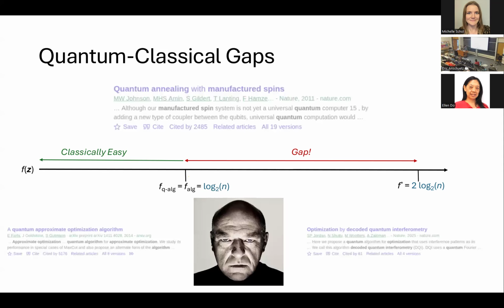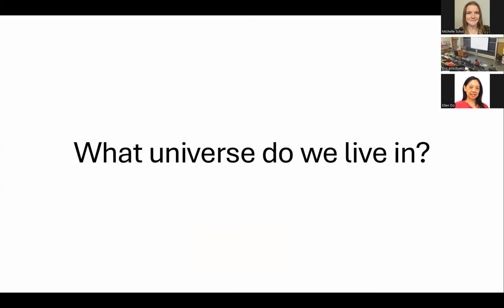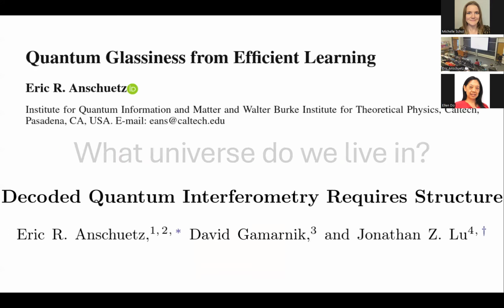And then on the other hand, there's the sad universe where these two numbers are the same. So, okay, what universe do we live in? Well, it turns out we live in the sad universe. I will get into more optimistic results in a second, but at least for the standard combinatorial optimization problems, we live in the sad universe, as I showed in these two papers.